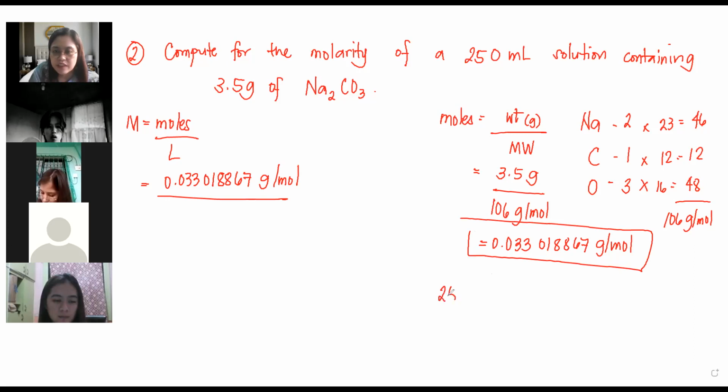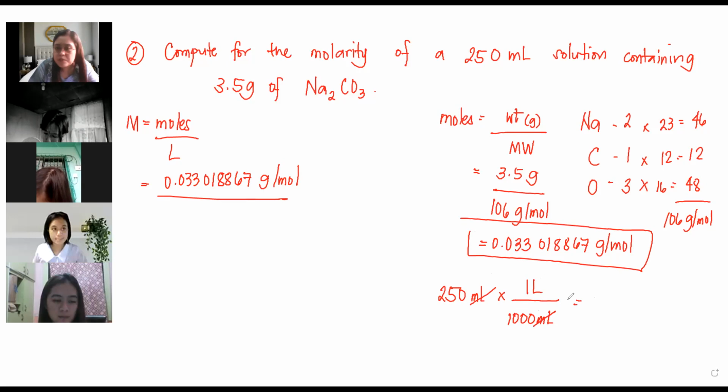So let us convert the 250 ml to liters. In one liter, you have 1,000 ml. So again, we have 1,000 ml here. Let's cancel the ml, and of course what remains is liter. 250 divided by 1,000 is 0.25 liters. So we'll put it here.